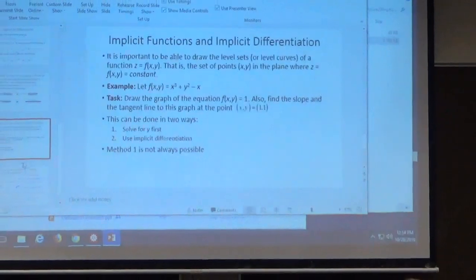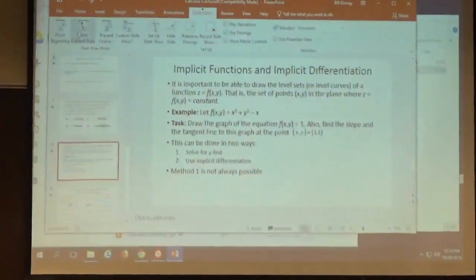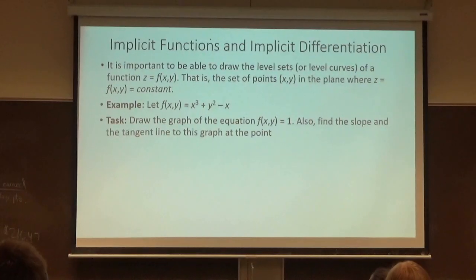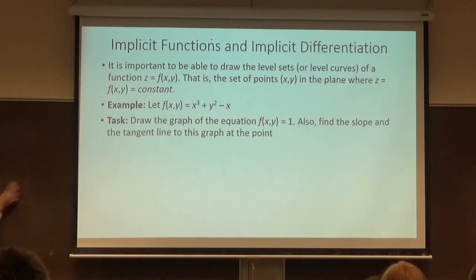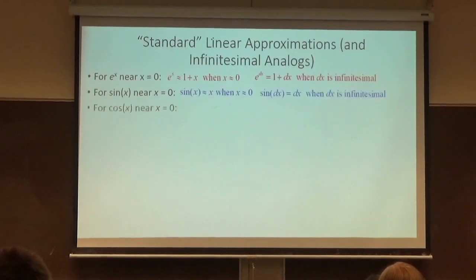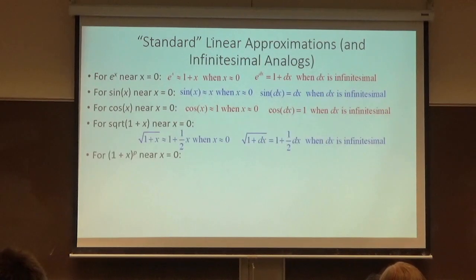For the time we have remaining, let's go over implicit differentiation again. We went over this last time. It's the exact same example. I'm not going to get to the very last slide, but I think I may still assign problems related to the content of the very last slide. The very last slide is just a bunch of facts, a bunch of linear approximation facts and analogs for infinitesimals.